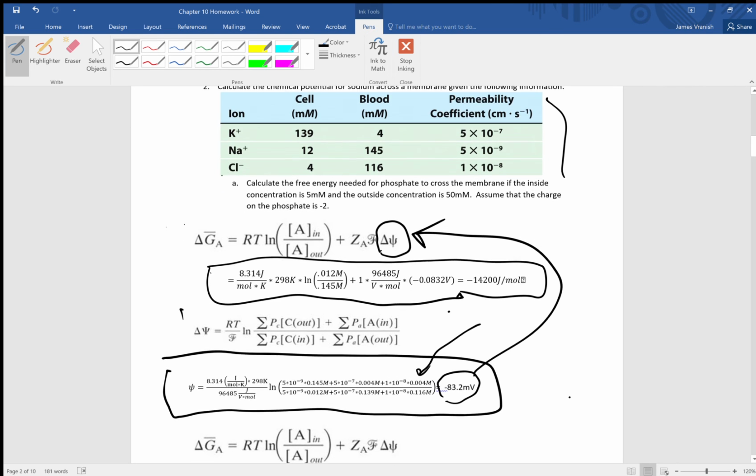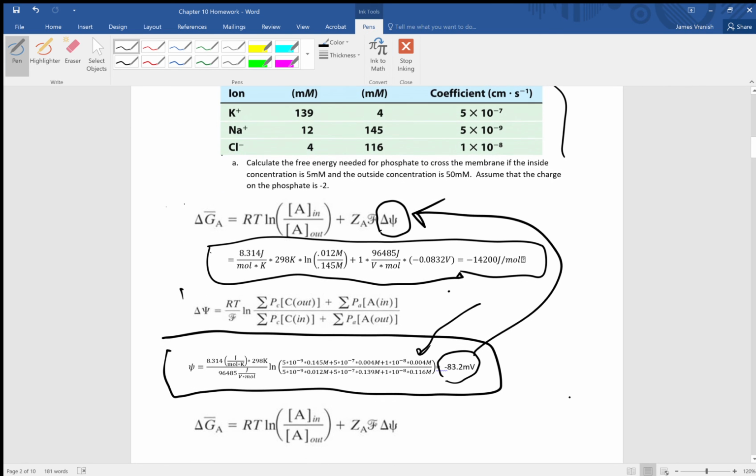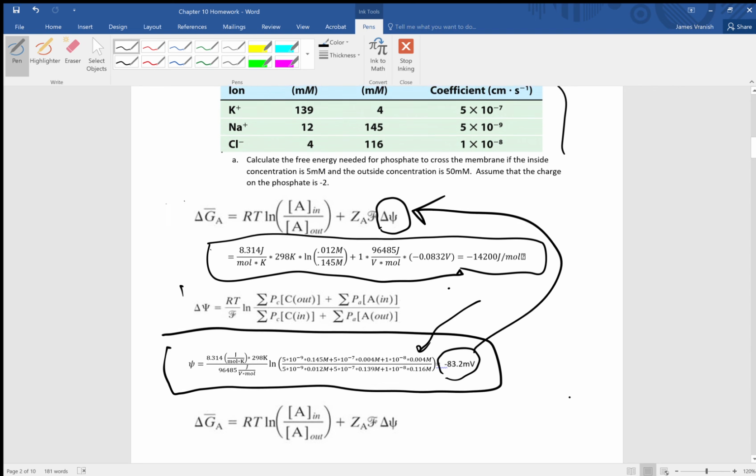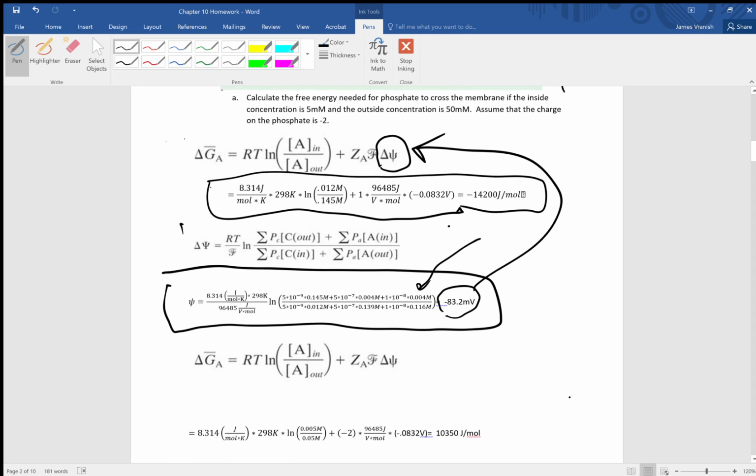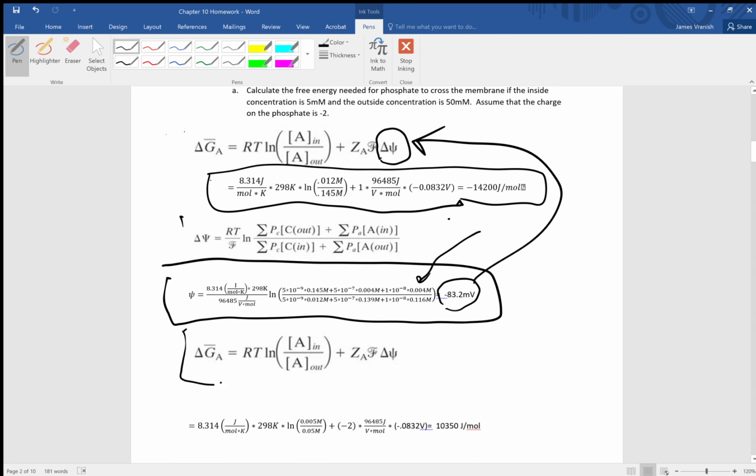Now, the second part of the question asks us to calculate the free energy needed for phosphate to cross the membrane if the inside concentration is 5 millimolar and outside is 50 millimolar. Assume that the charge on the phosphate is -2. We're again going to use this exact same equation. The delta G, the energy needed to cross the membrane, is the same thing as the chemical potential across the membrane.